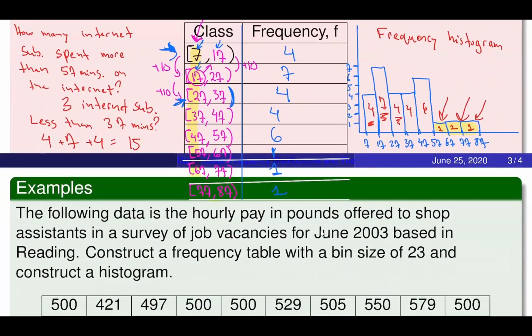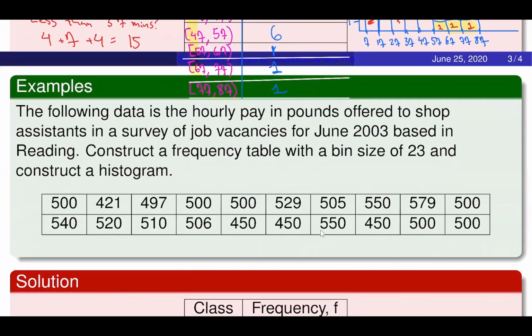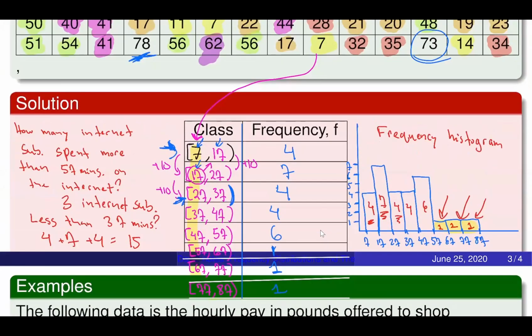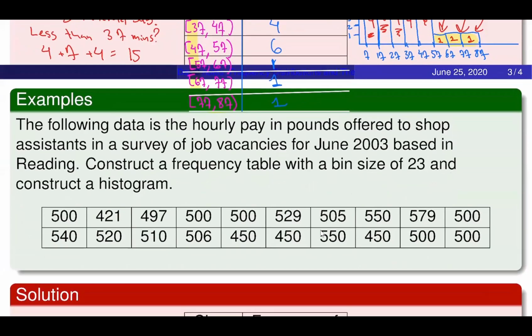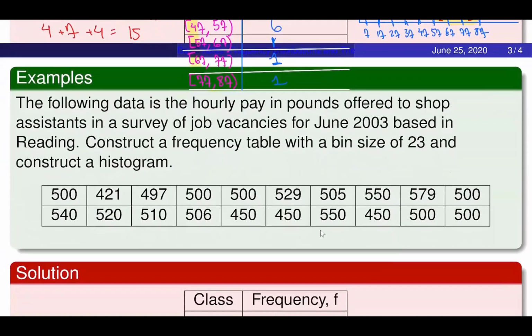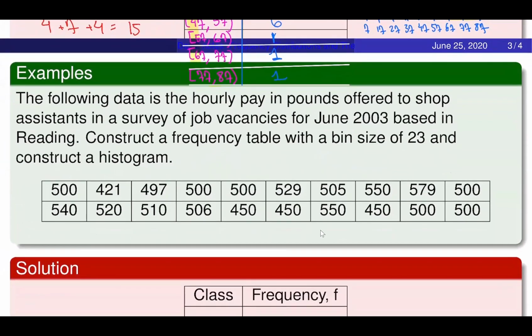All right, so let's do the second example. Yeah, what's up? Okay, no question. So is it always 10?